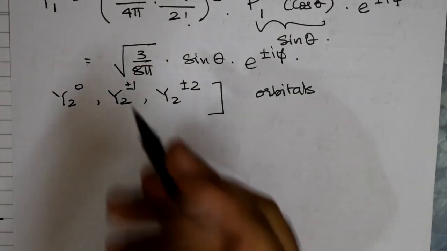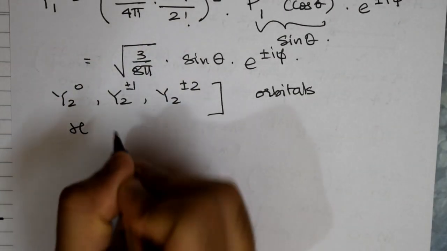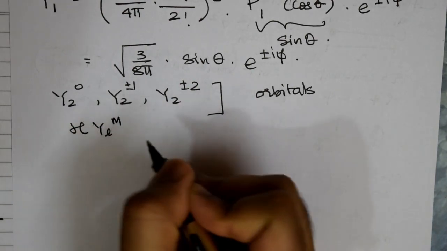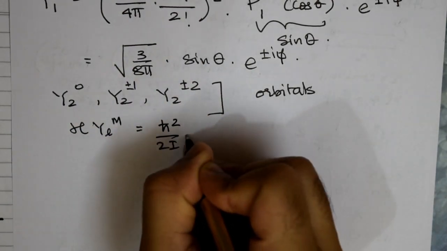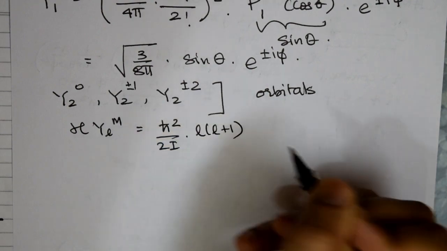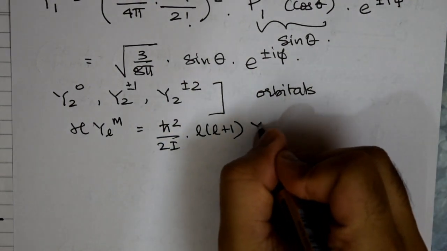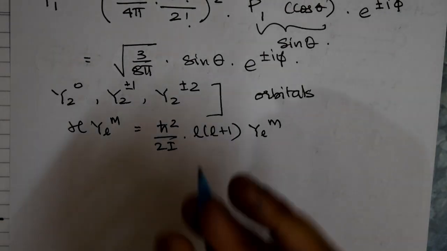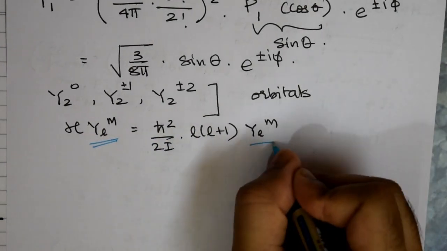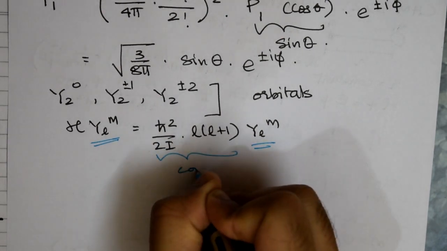Let's come back to the whole thing where we realized the Hamiltonian, when operated on YLM, is going to give you h cross square by 2I times L into L plus 1 YLM back. I would like to reiterate the fact that you get back the same function with a constant.